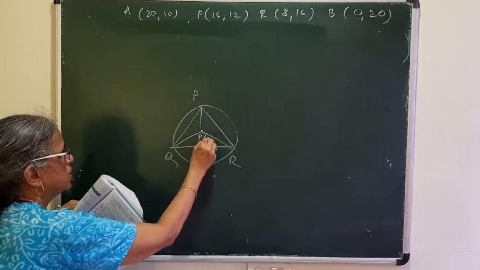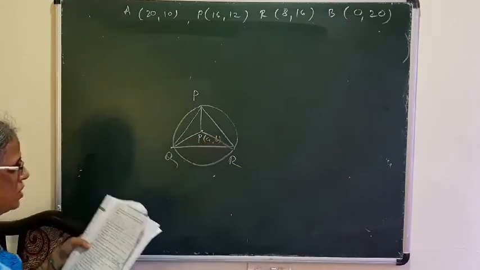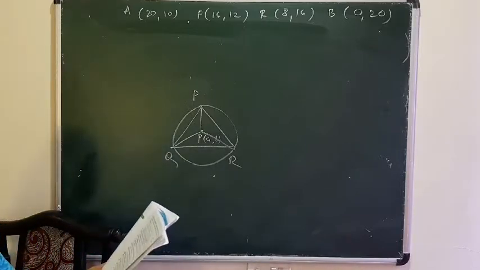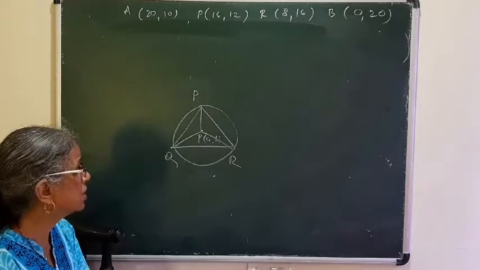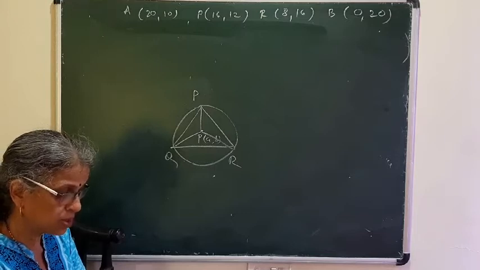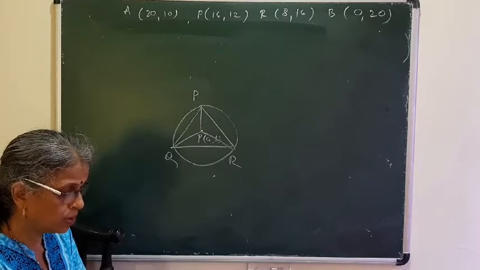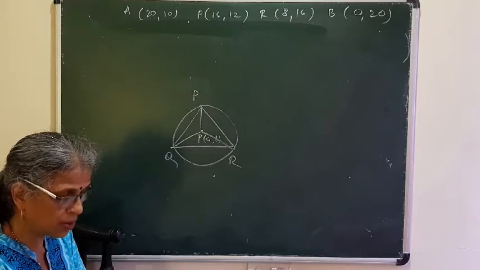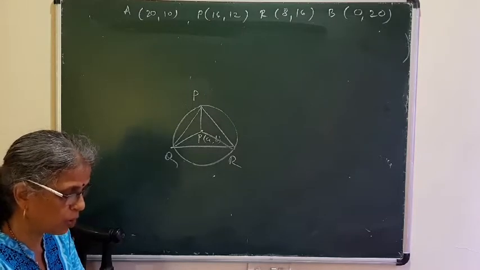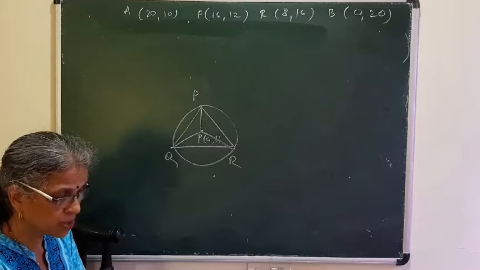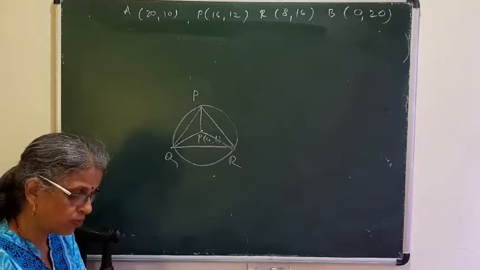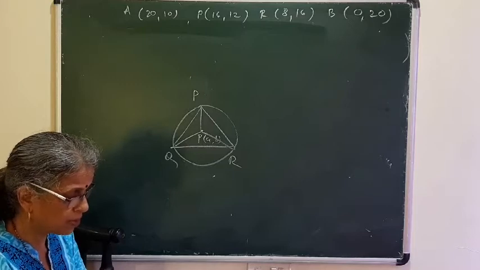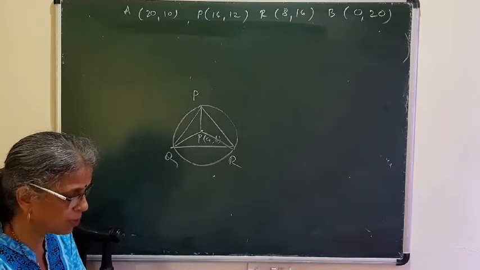Let A and B be its coordinates. They have given you the coordinates of P 6, minus 6, Q 3, minus 7, R 3, 3. So from this we are going to find out the coordinates of circumcenter. Same sum we have done as sum number 7 in problem set 5, sum number 16 in problem set 5, and also we are having a solved example of the same type. So you try yourself this sum number 20.